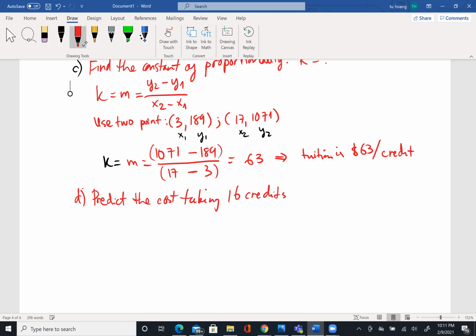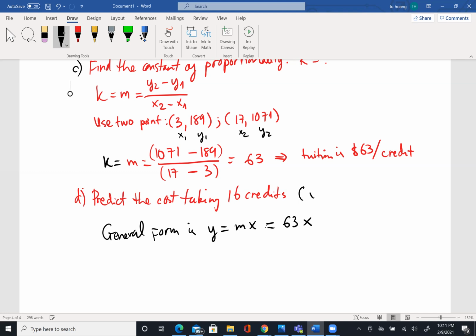Okay, so remember that we have the general form. The general form is y equal to mx. Now I know that m equals 63, so it's 63x. So I can predict the cost of taking 16 credits.